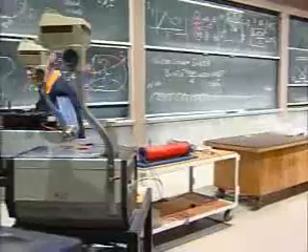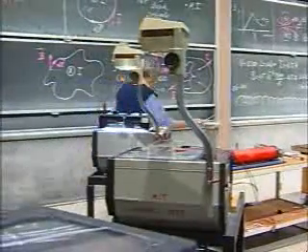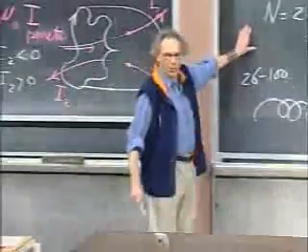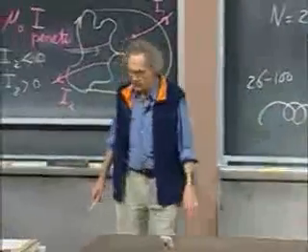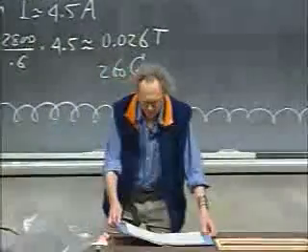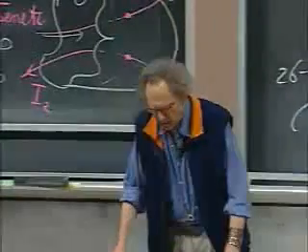Now, I want to show you what magnetic field we can get with this baby, which is exactly what I had here on the blackboard. It has 2800 windings, and we're going to run a current which is something like 4.5 amperes, but I'm going to tell you what that current is.